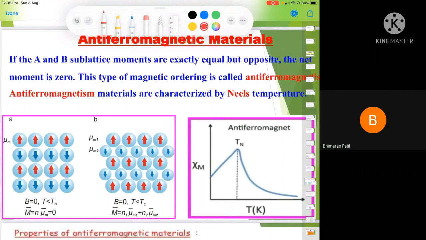After that temperature, the antiferromagnetic substance behaves like a paramagnetic substance. That critical temperature at which it behaves as a paramagnetic substance is known as the Néel temperature, and therefore antiferromagnetic materials are always characterized by the Néel temperature.